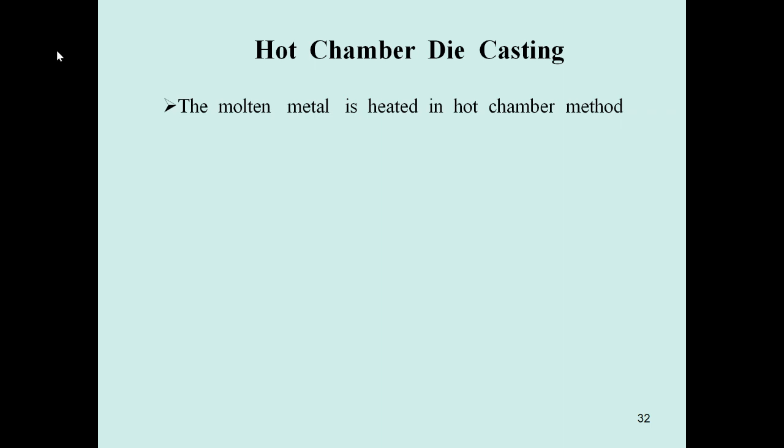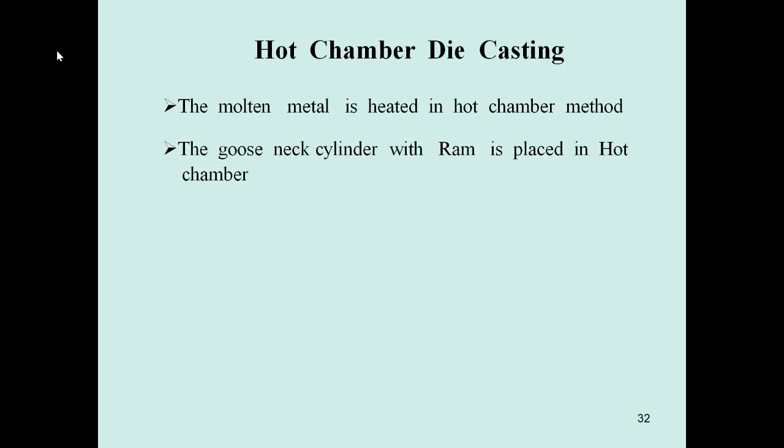The molten metal is heated in the hot chamber method. Next, the gooseneck cylinder with ram is placed in the hot chamber. Another end of the gooseneck is connected to the die cavity.